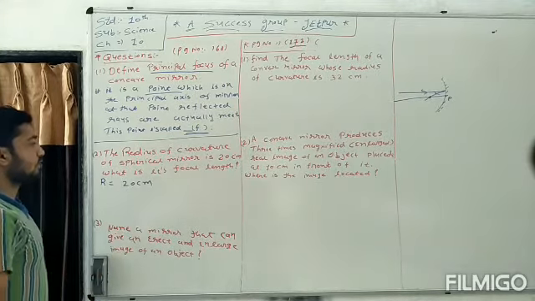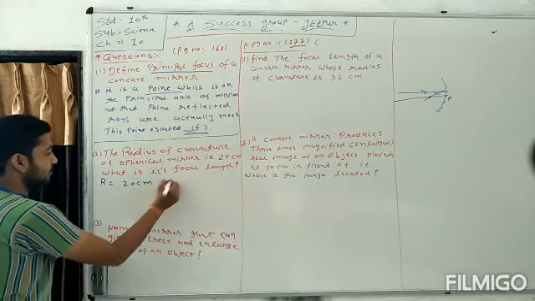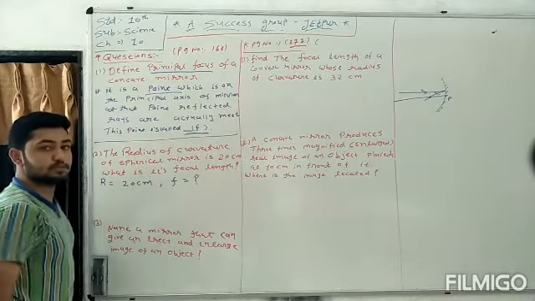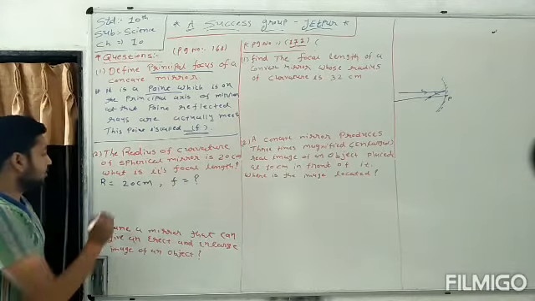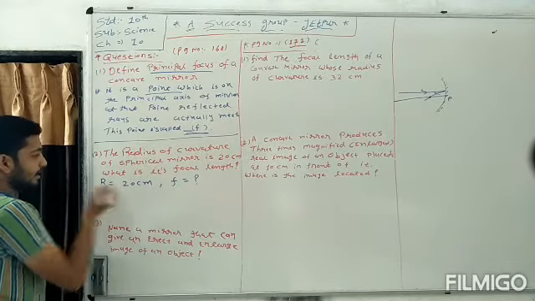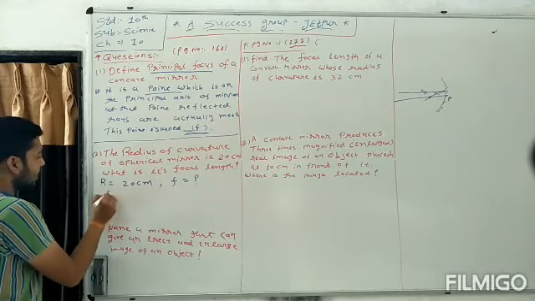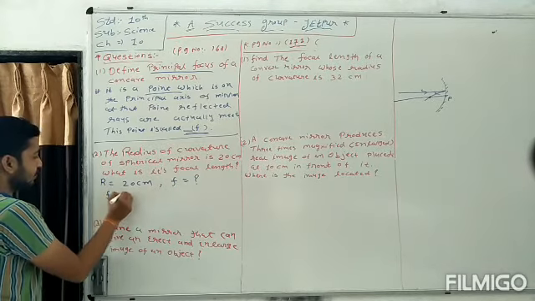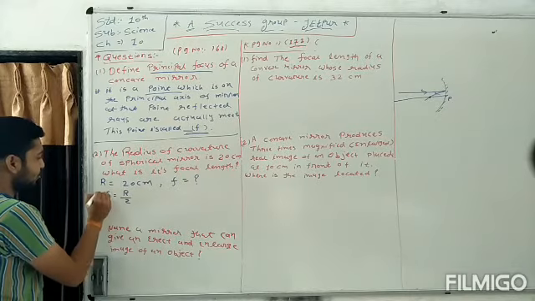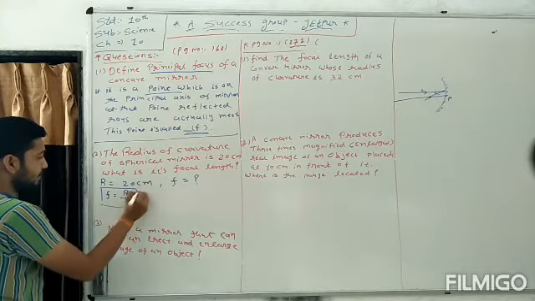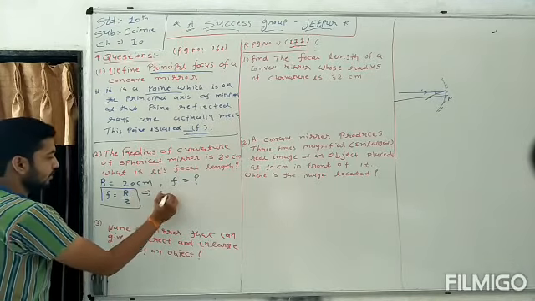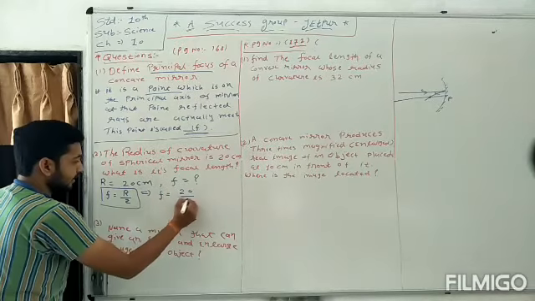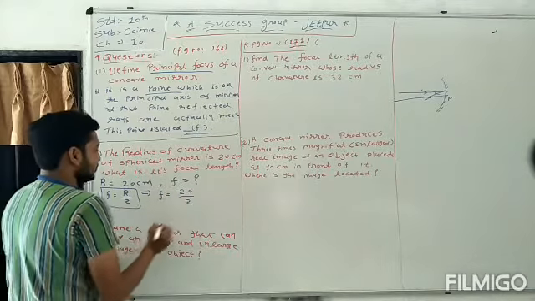What is its focal length? We have to find its focal length, small f. We know the relation between R and f. So f is equal to R by 2. So focal length is equal to 20 by 2.